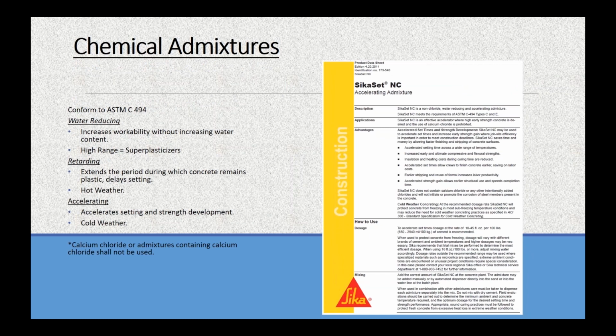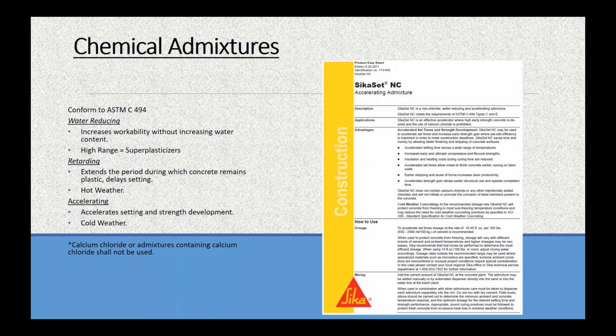All right. In addition to the air entrainment, we also have some other admixtures that we run into quite a bit. Basically, all the other admixtures that we're going to run into need to meet ASTM C494, and then there's several different types. If you're familiar with Spec 4, there's a whole list of stuff. But basically, you can break them into 3 different groups. The first one is a water reducing admixture.